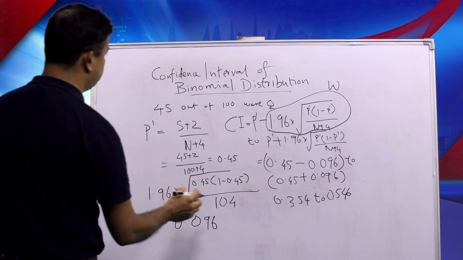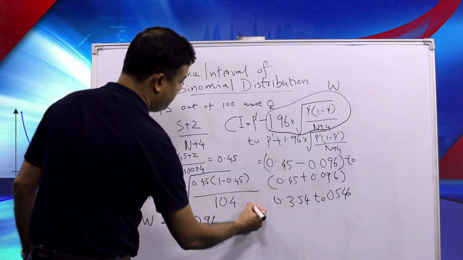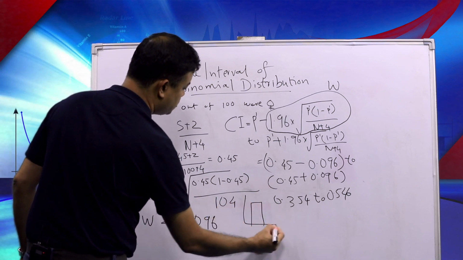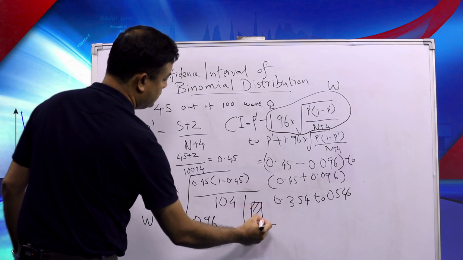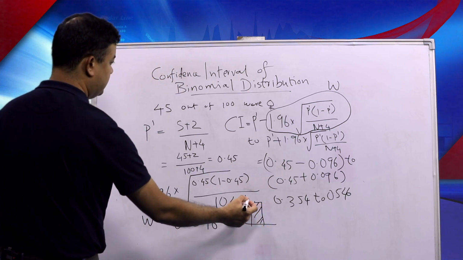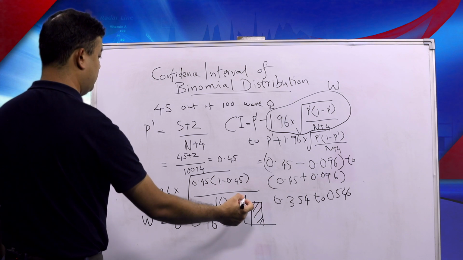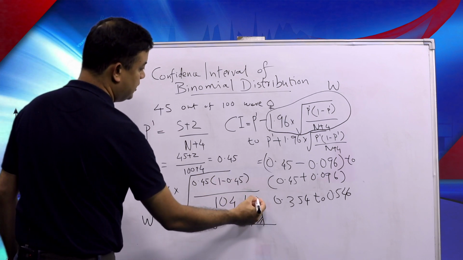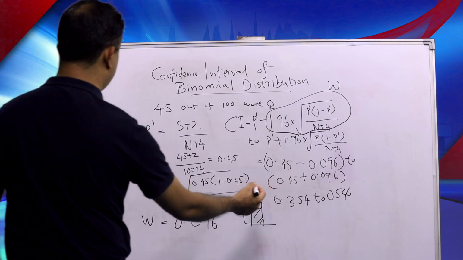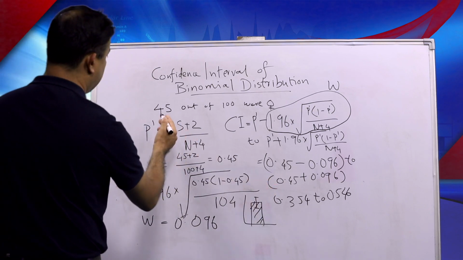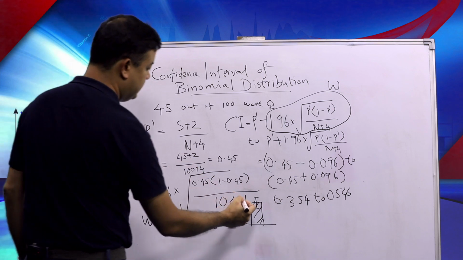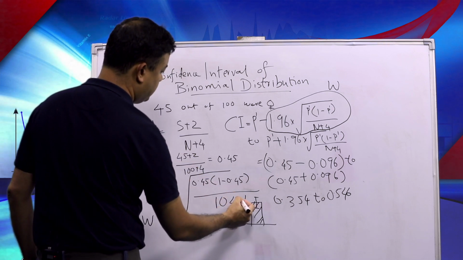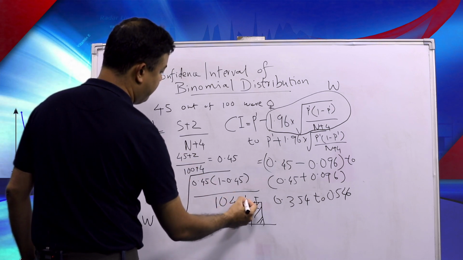If you want to display it in a graphical manner, this one is your proportion here, the proportion of females, which is basically 45 divided by 100, that is the P prime. So 0.45 is the average, right?